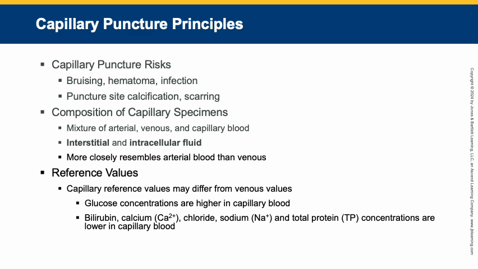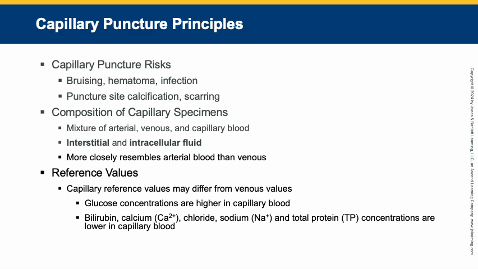Reference values. Because the composition of capillary blood differs from that of venous blood, the reference or normal values also differ. Most differences are minor, though clinically significant differences in some analytes have been reported. For example, the concentration of glucose is normally higher in capillary blood specimens, while bilirubin, calcium, chloride, sodium, and total protein are significantly lower.